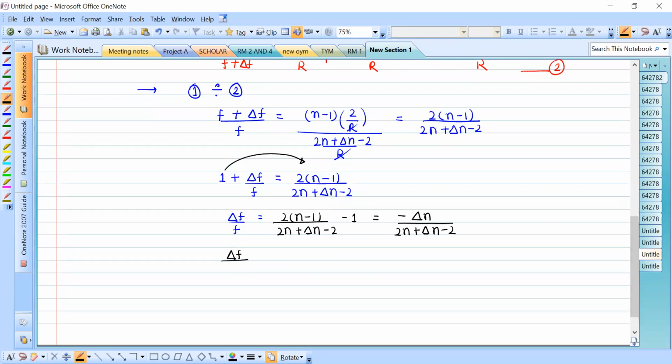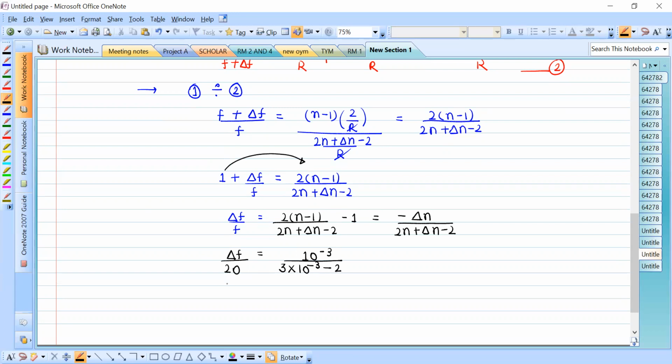So delta f by 20 is equal to delta n, that will be 10 to the power minus 3, of course with a negative sign, but we are neglecting it because we need only the magnitude, so we are not worried about the negative sign. So minus 2.